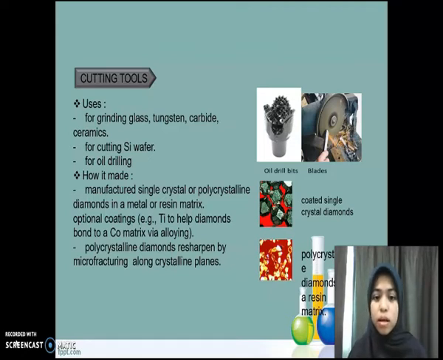Optional coating. As you can see from the slide, the tip of the oil drilling bit uses strong ceramic, coating. Try to help diamond bond to a Co matrix via alloying. Polycrystalline diamond is resharpened by microfracturing along crystalline planes.